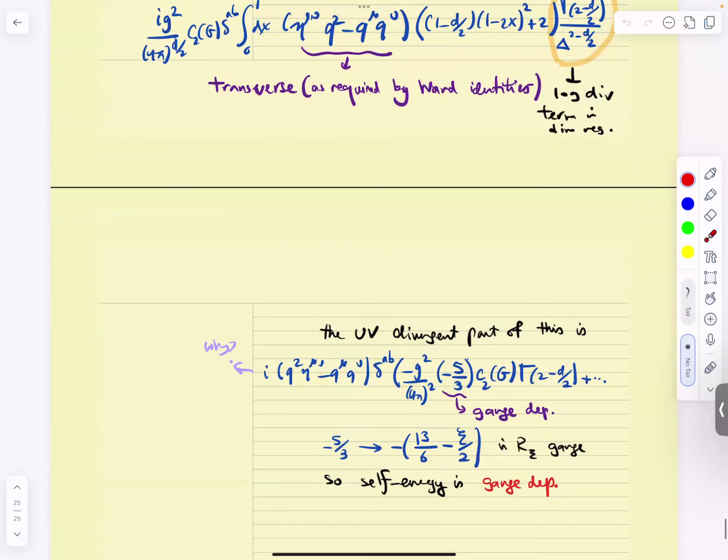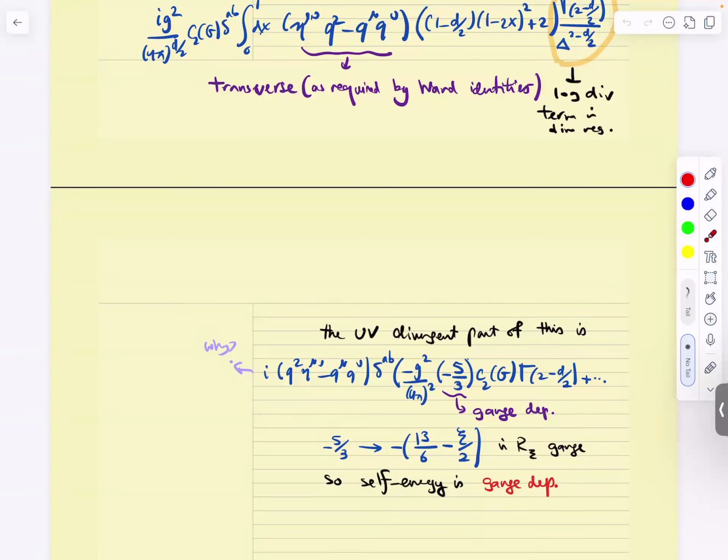Okay. In summary, what did we talk about? We talked about non-Abelian gauge theory. We wrote the action, which is the trace of F mu nu, F mu nu. This is a non-Abelian Yang-Mills action.